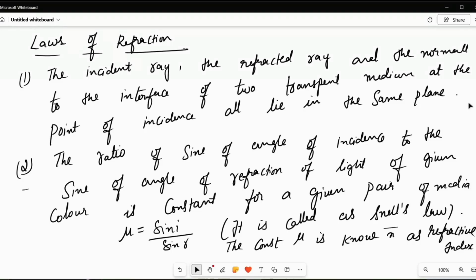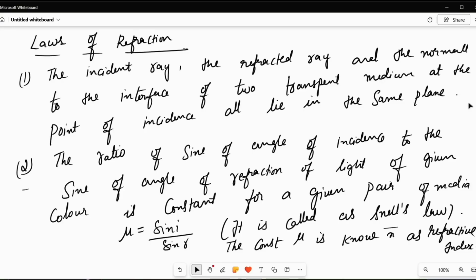That is, if the incident ray is in the XY plane, then the refracted ray is also in the XY plane. It will not change its plane. So that is the first law of refraction.